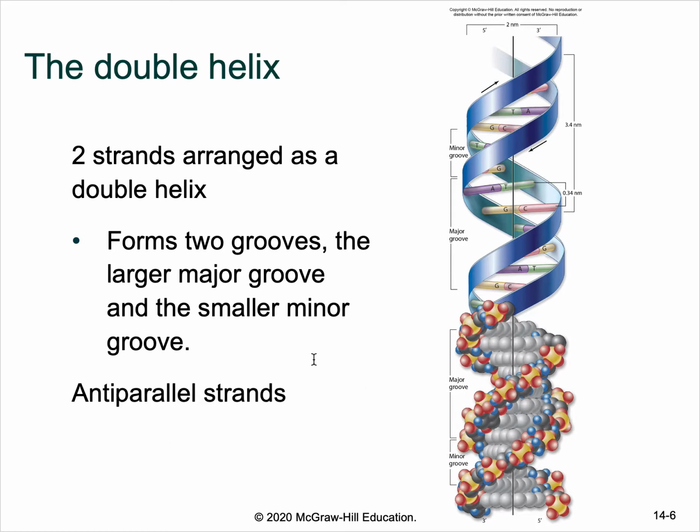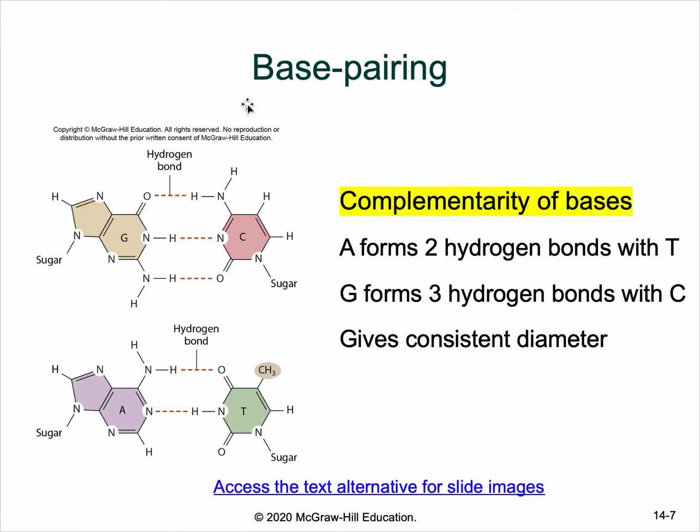And we say that they are anti-parallel because the 5' and the 3' ends are not the same. They're not 5 and 5 or 3 and 3. It's 5 and 3, and that's why they call it anti-parallel. When we pair these nitrogenous bases together, pairing the G with the C or the A with the T, that's called base pairing.